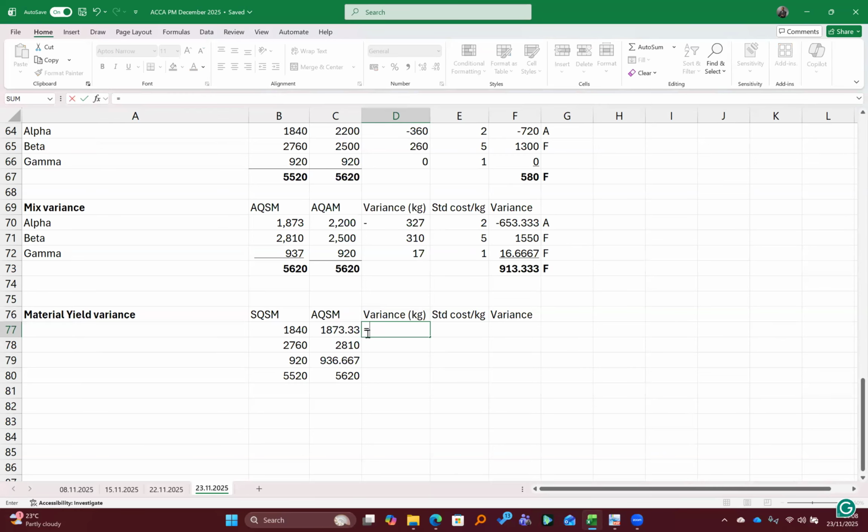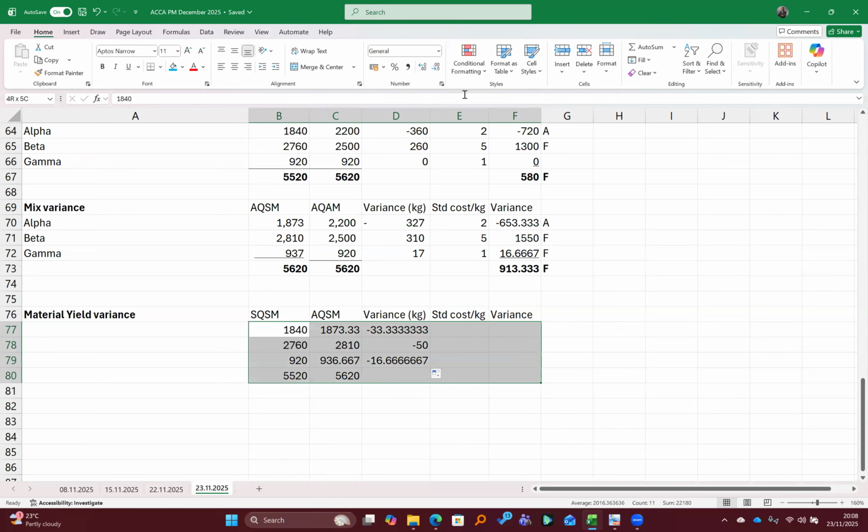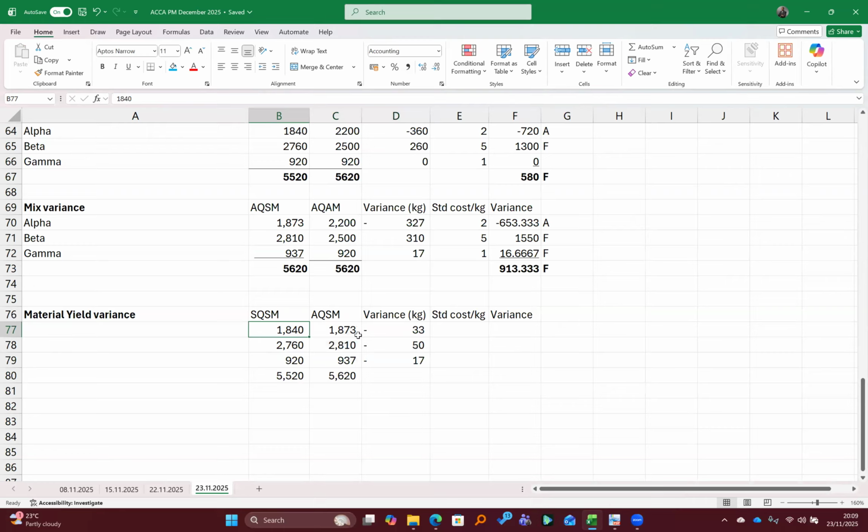You can see that all of them are adverse, because for all of them, the standard quantity would have been 1840, but we used 1873. Then even here, 2760, here 2810, 920, 97. So we used more of everything.